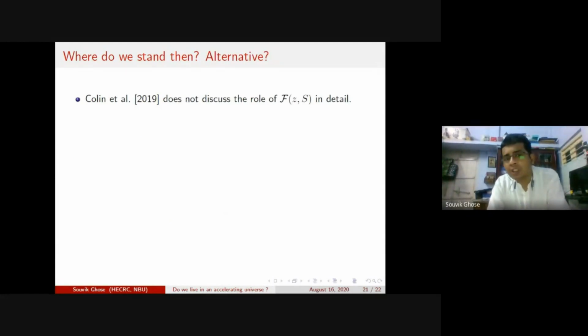I have noticed that Colin et al., although they considered a direction-dependent function like F(z), do not really discuss in detail the exact role that is played by F(z). There is some ad hoc reference to one particular model, but no detailed discussion of this F thing.